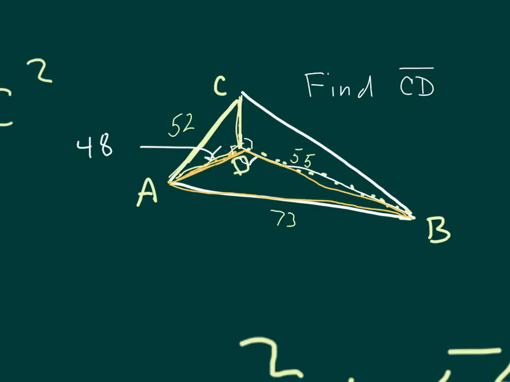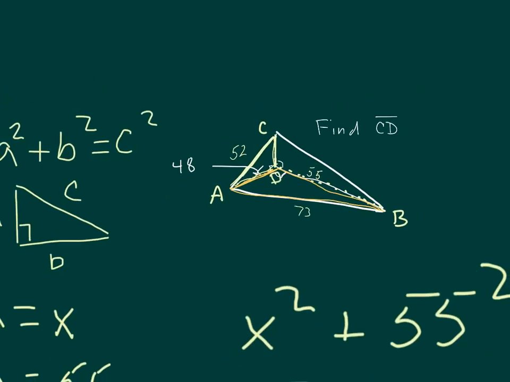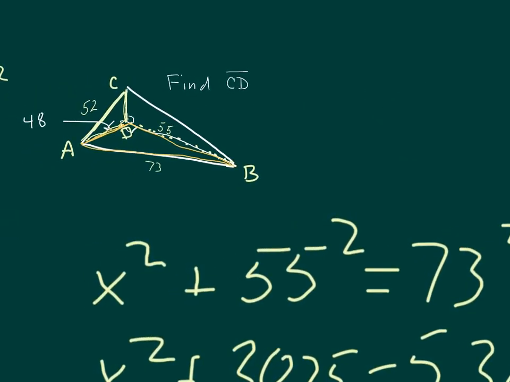Let's set this one up to solve. Our A can be 48. Our B is the CD line, which we don't know, so we'll call that X. And our C is 52 because that's our hypotenuse.